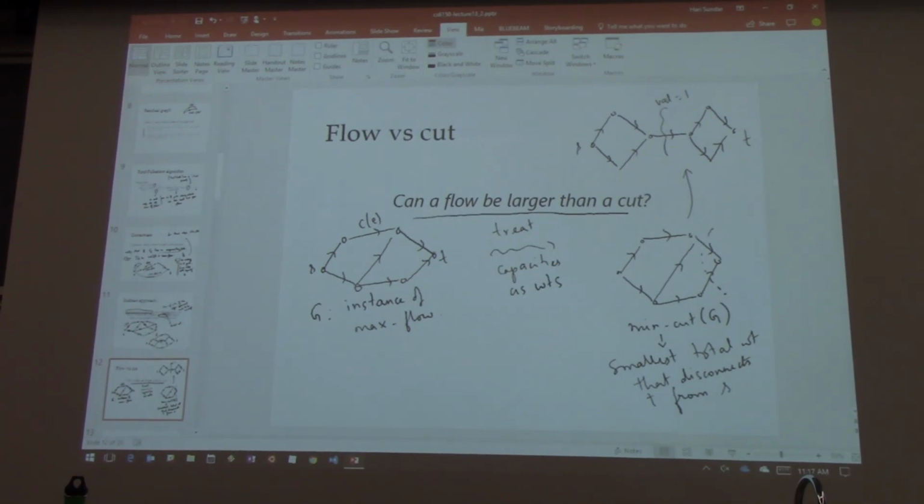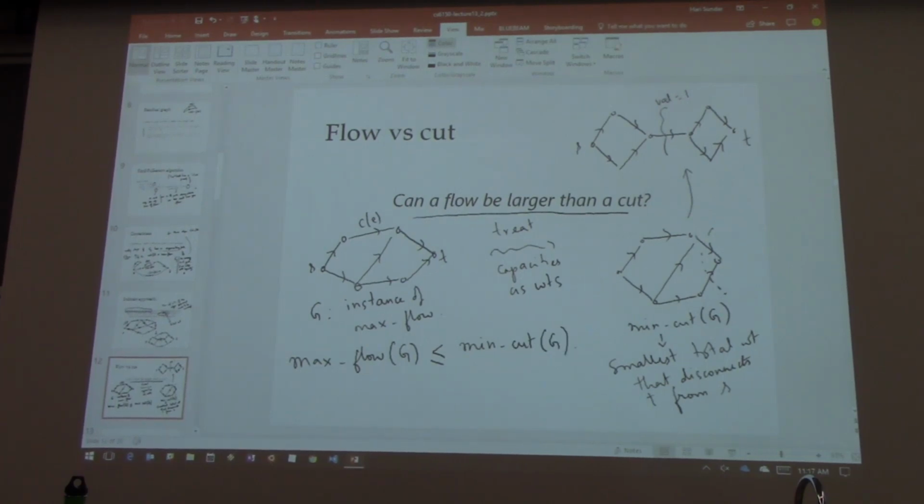So what I want to claim here is that max flow in the graph is less than or equal to the min cut. Okay. And in fact, more is true, right?